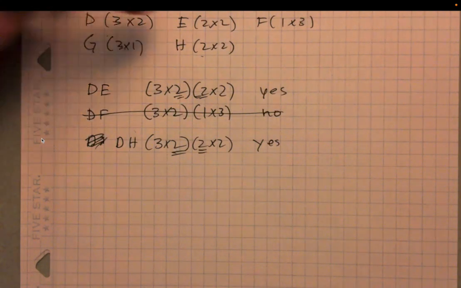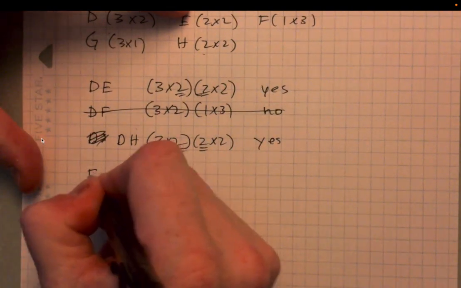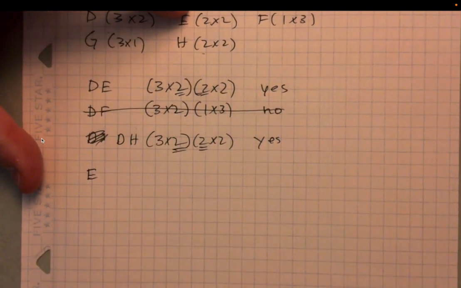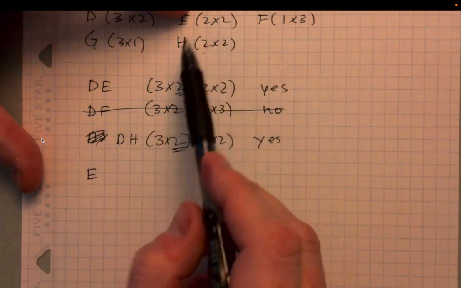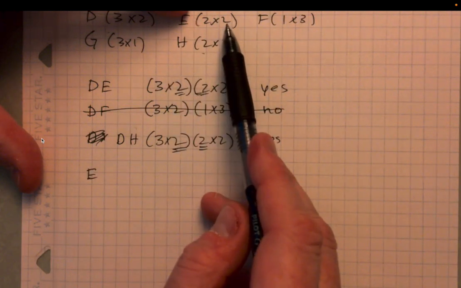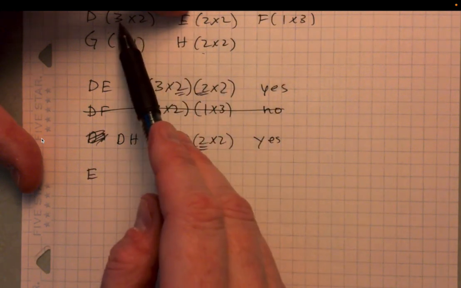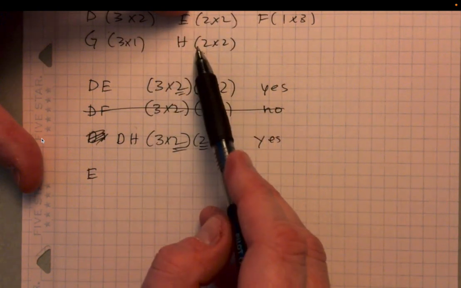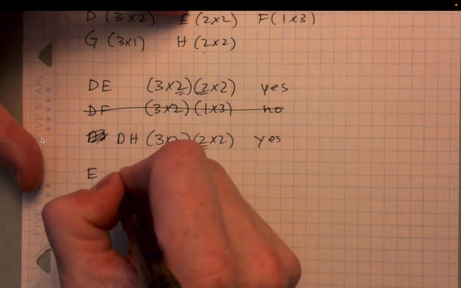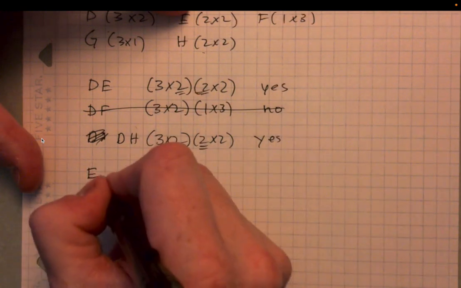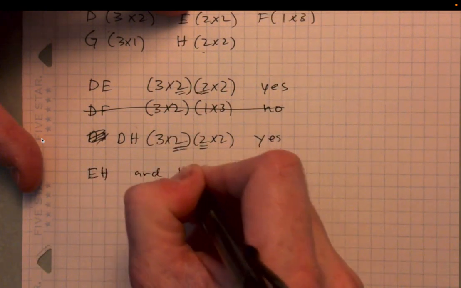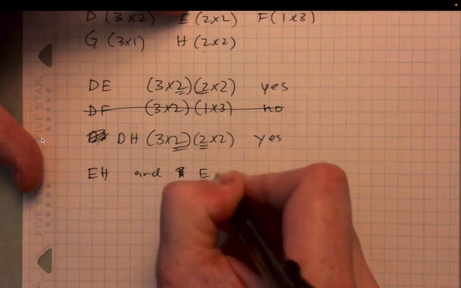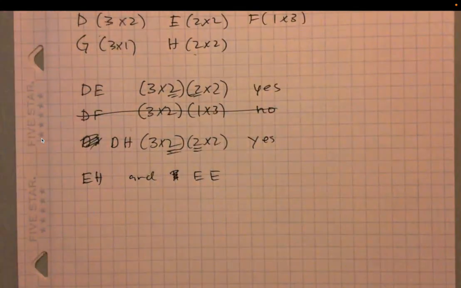What about E? If I have E as the first matrix, which ones can I multiply it against? Well, I just need the number of rows to be equal to 2, so E can be multiplied with H and itself, basically. So E, H, and E, E. Right, so E can be multiplied with itself.